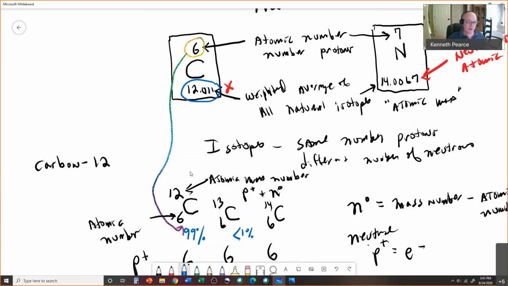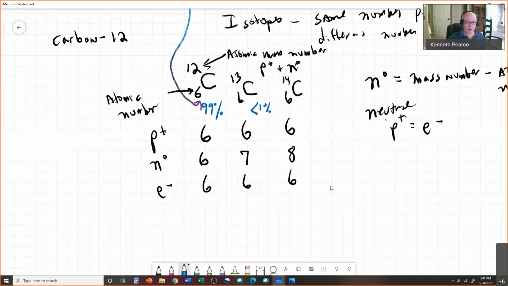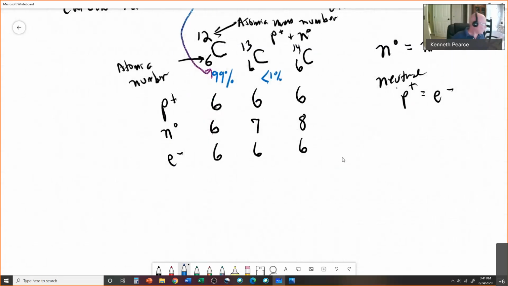Okay. And the same thing happens when we have something like chlorine. Chlorine's weighted average mass is 35.45. And it turns out we have chlorine 37 and chlorine 35.